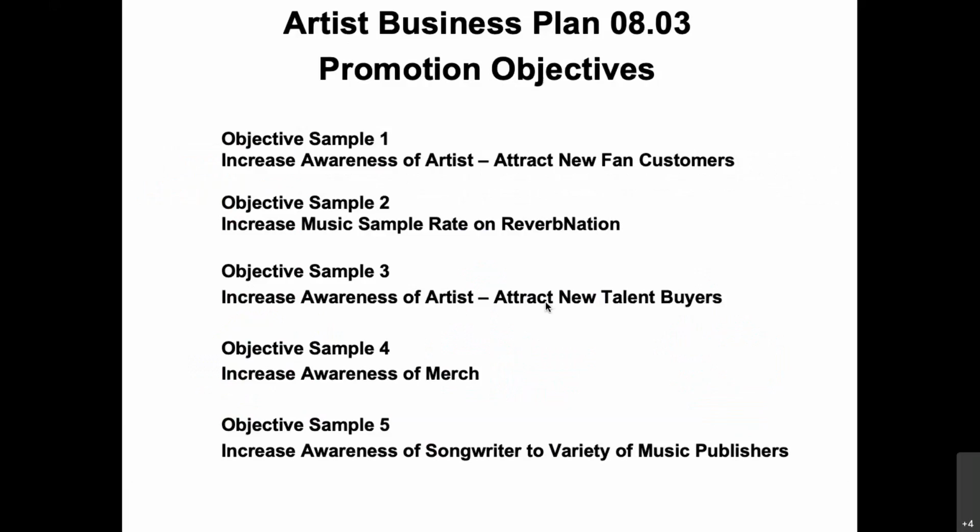Increase awareness of the artist, and by doing so, we're going to attract some new fans. Or increase music sample rate on Reverb Nation. Okay, getting a little bit more specific. Or increase awareness of the artist by attracting new talent buyers. How do you do that? Well, this is part of your strategy.